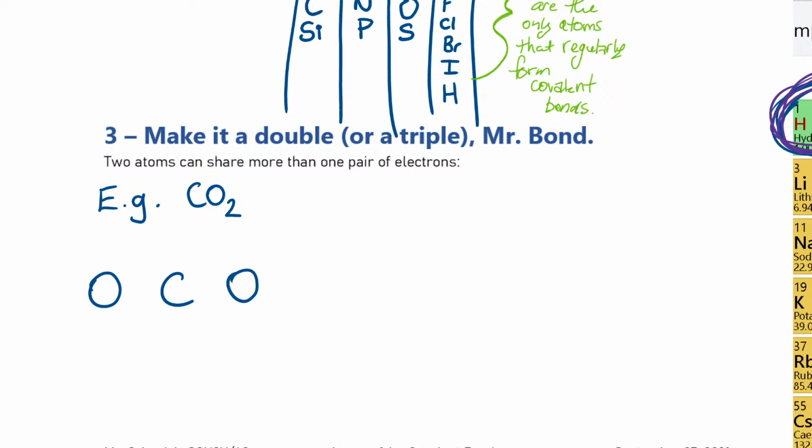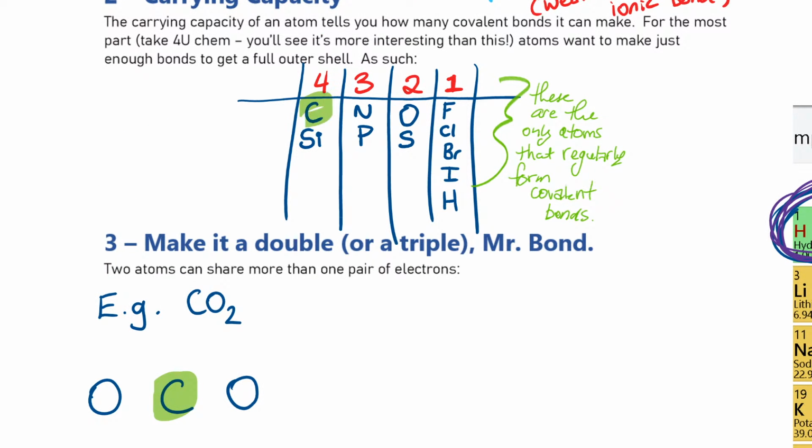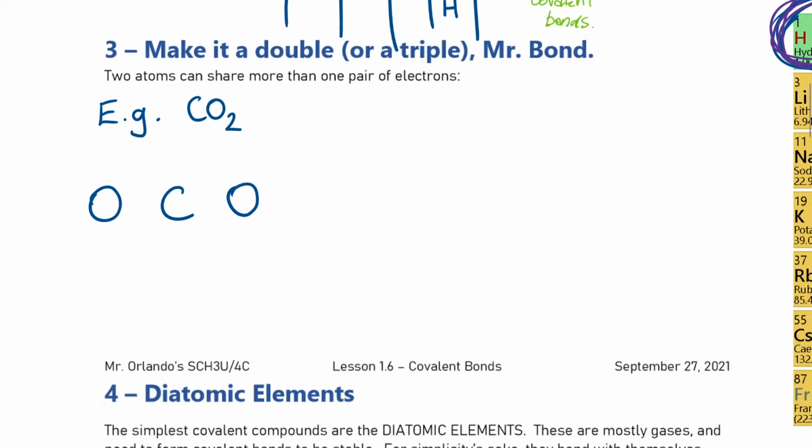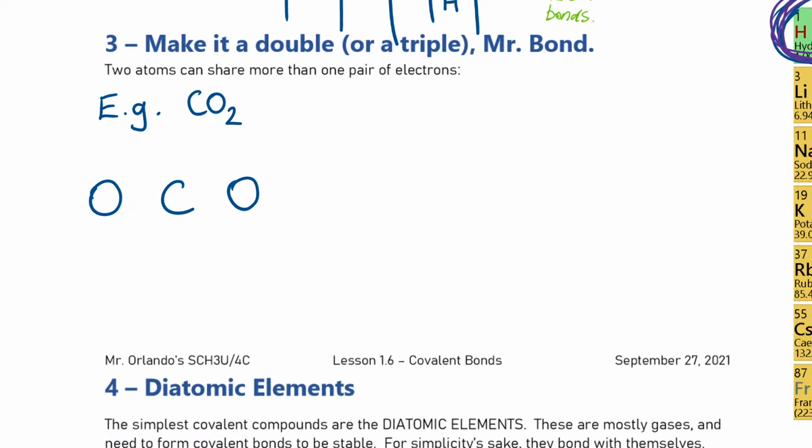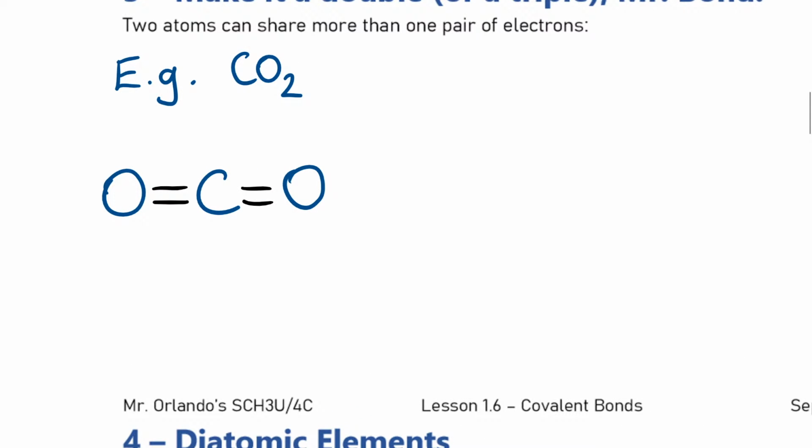And we know from the carrying capacity that carbon is going to want to make 4 bonds, and that each oxygen is going to want to make 2 bonds. And so how these come together becomes pretty obvious. The way you can make this work is if carbon makes 1 bond here, then 1 bond there, and a second bond here, and a second bond there. And now it's making its 4 bonds.